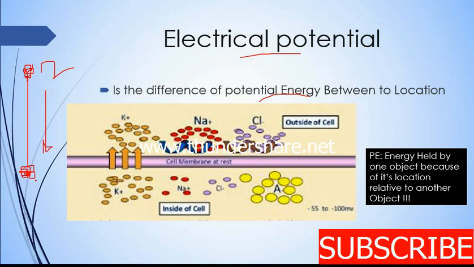Suppose it is the earth and this is a high point. If we bring this object from this point to this point, it will hold some energy. This energy is called potential energy. When we leave this object, it will go again to the first position. So this energy is called potential energy.